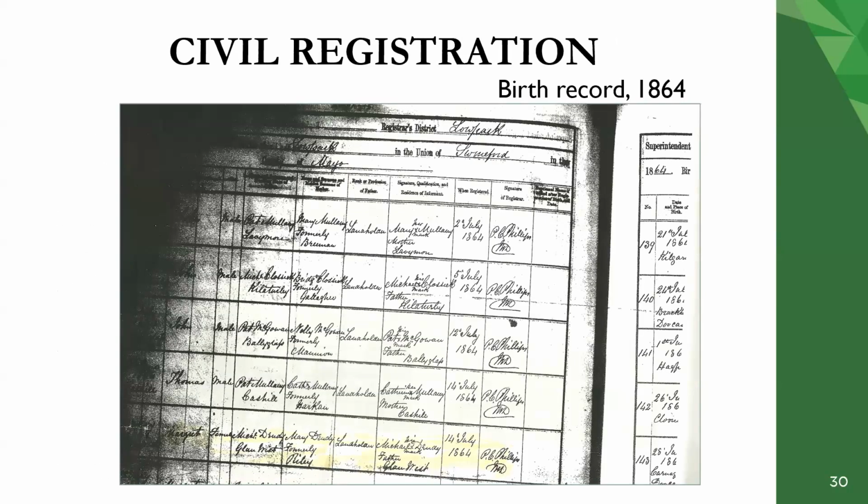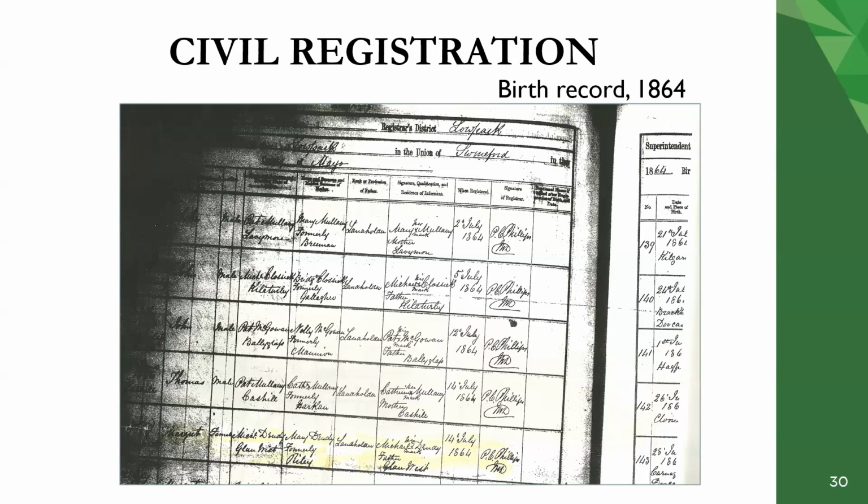Here's an example of a birth record from 1864. And again, a lot of the digitized images may not be perfect. But if you look at this one here at the top of the page, it just shows you the registration district name. It shows you the county name, all that information. And then it will give you the child's name, what sex the child is, the father's name, and where he's located, so the town he's from.